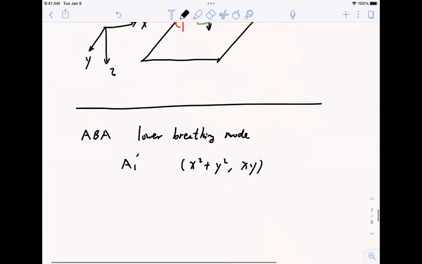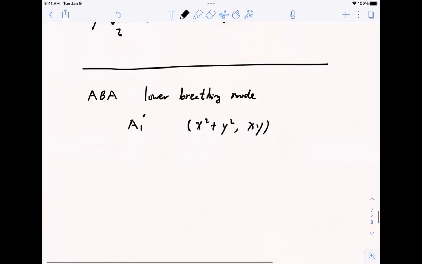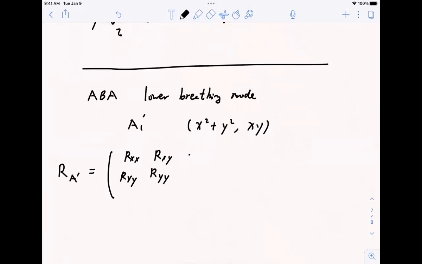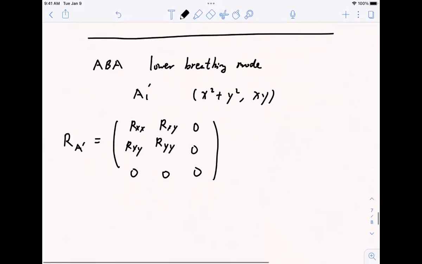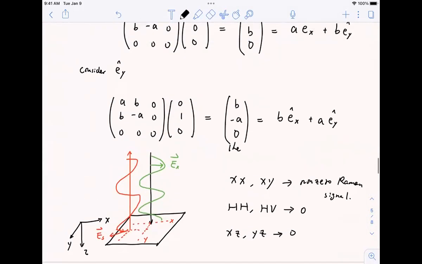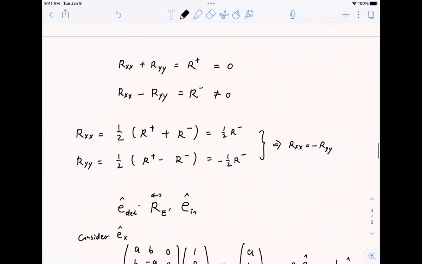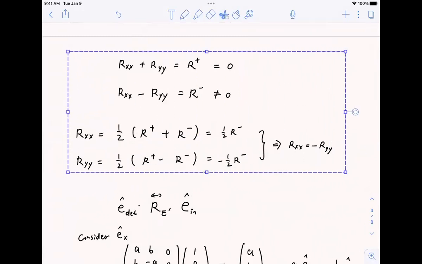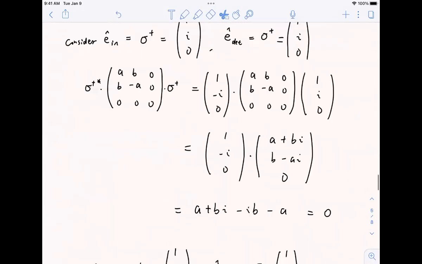So the Raman tensor will have a form of XX, YY, XY, because you have this, right? That means you just copy the same thing that we have done.